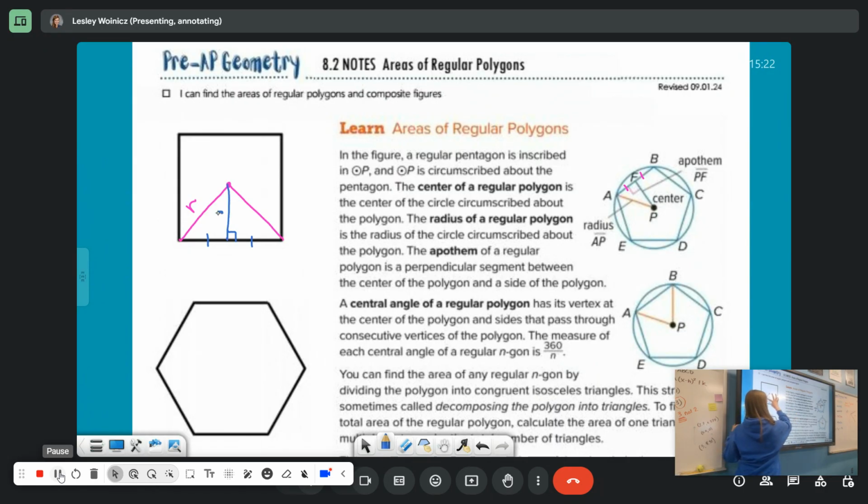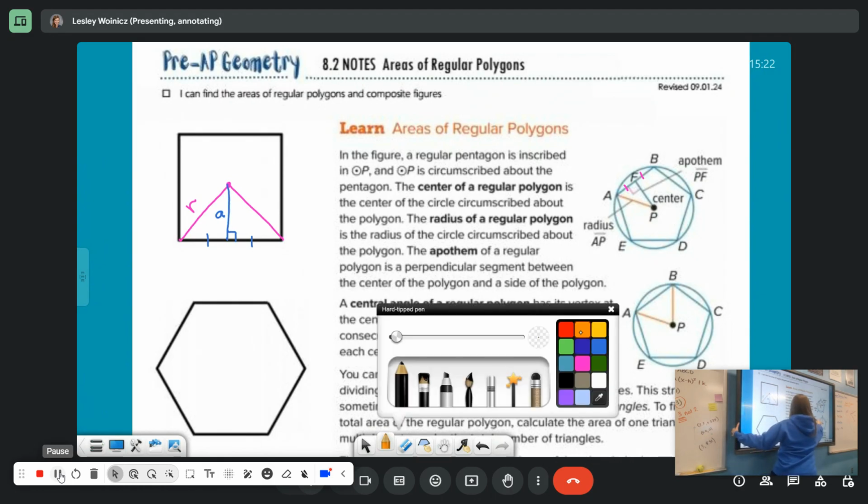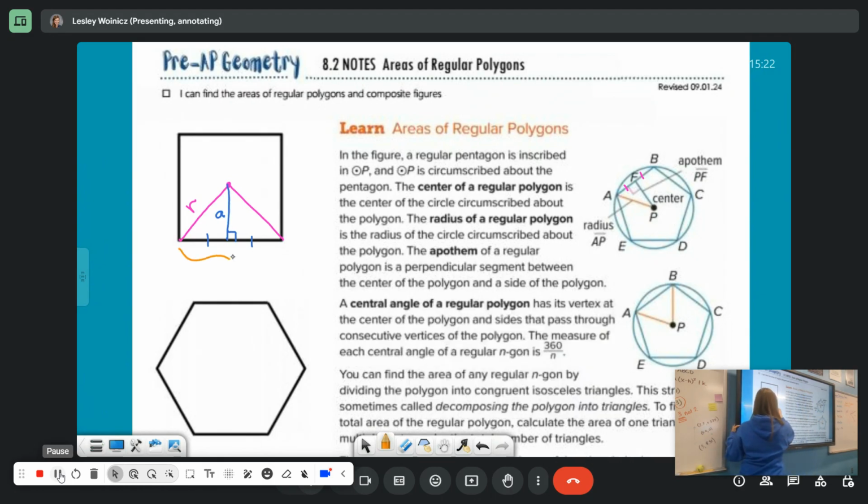This is the apothem. Okay, and then this, of course, is our side S. It is a chord of the circle.